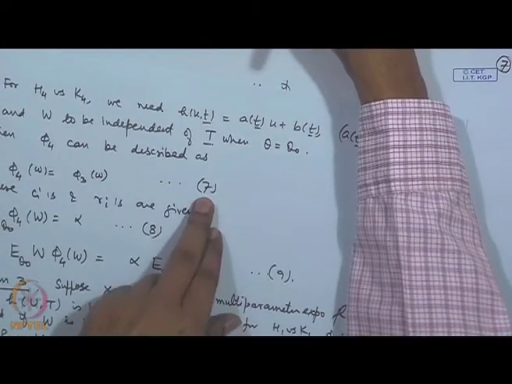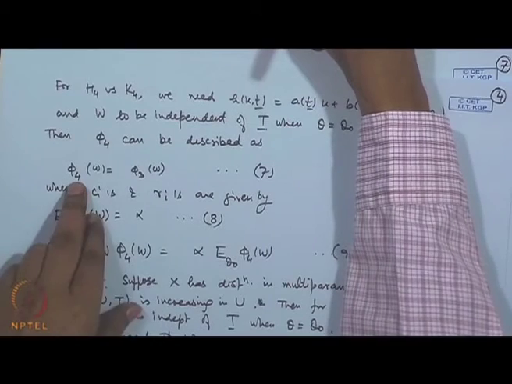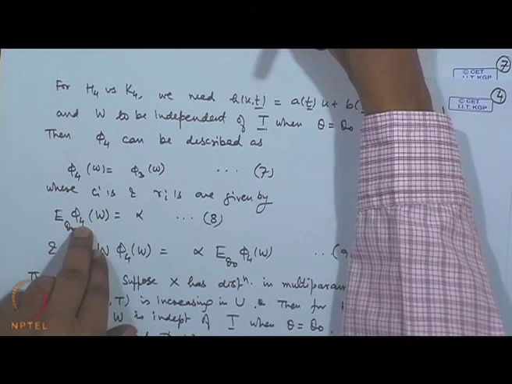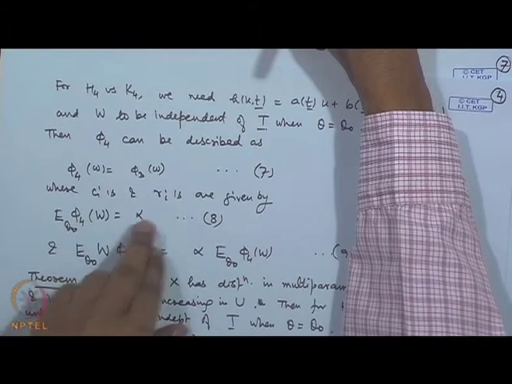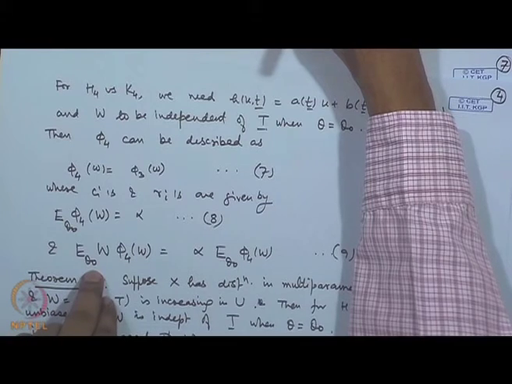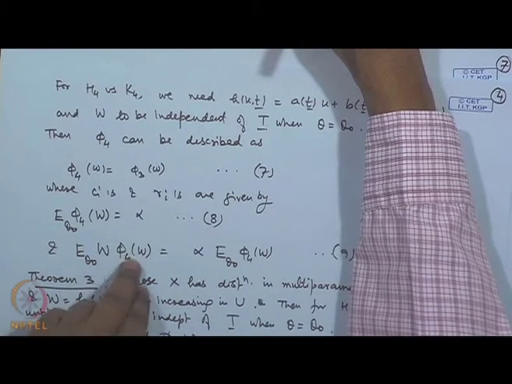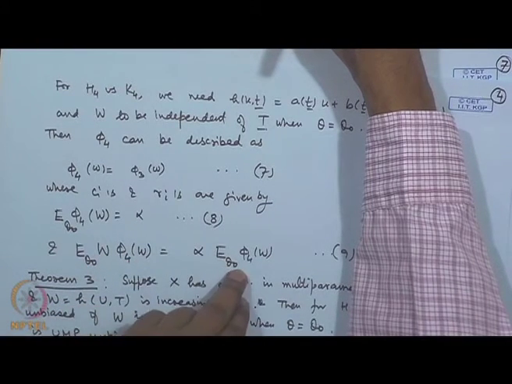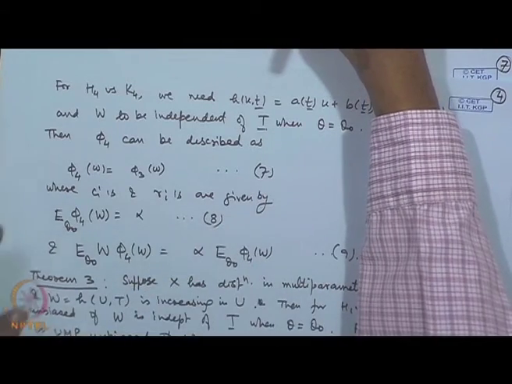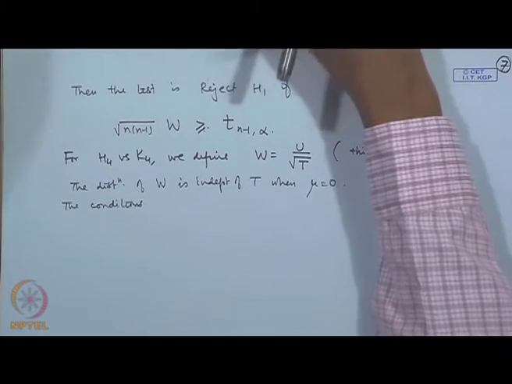The conditions I wrote as the form of the phi 4 function, the condition that expectation of phi 4 should be equal to alpha at theta naught, also expectation at theta naught of W phi 4 W, that should be alpha times expectation of phi 4 W. These conditions 7, 8, 9, they should be satisfied here.